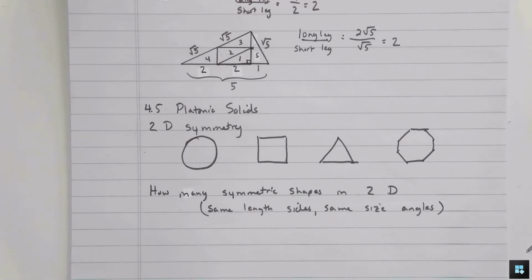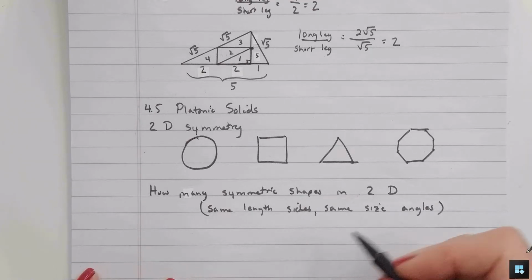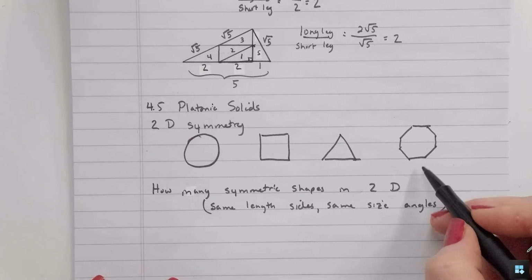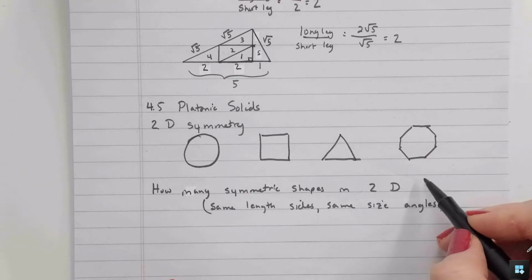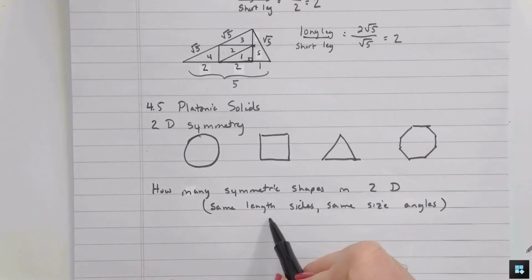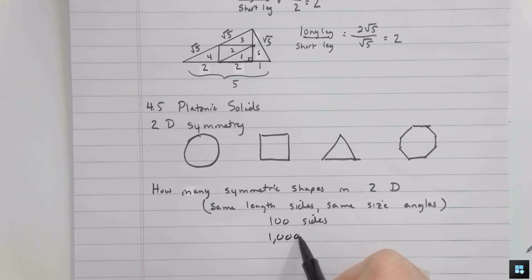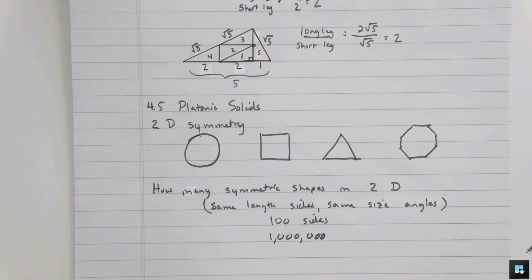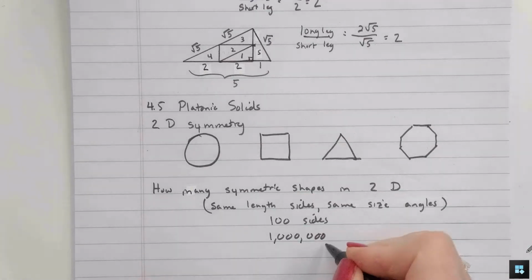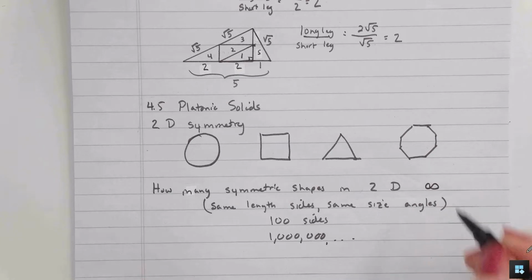Isn't it infinite? Because you could just keep adding sides. Good. So you could make a regular polygon that has 100 sides. Or 1,000,000 sides. That would look very close to a circle, unless it was very large. So you're right, there's infinite. Infinite symmetric shapes in 2 dimensions that have the same length sides and the same size angles.